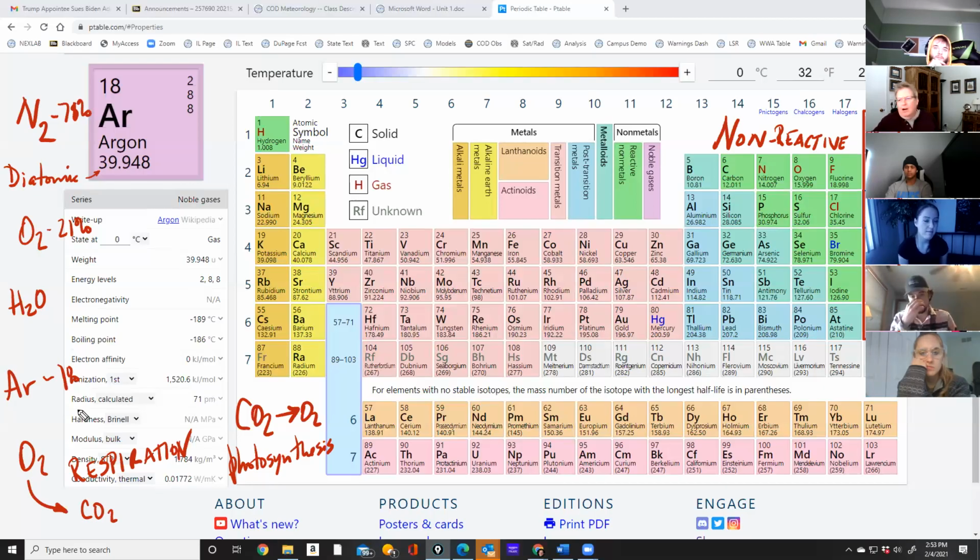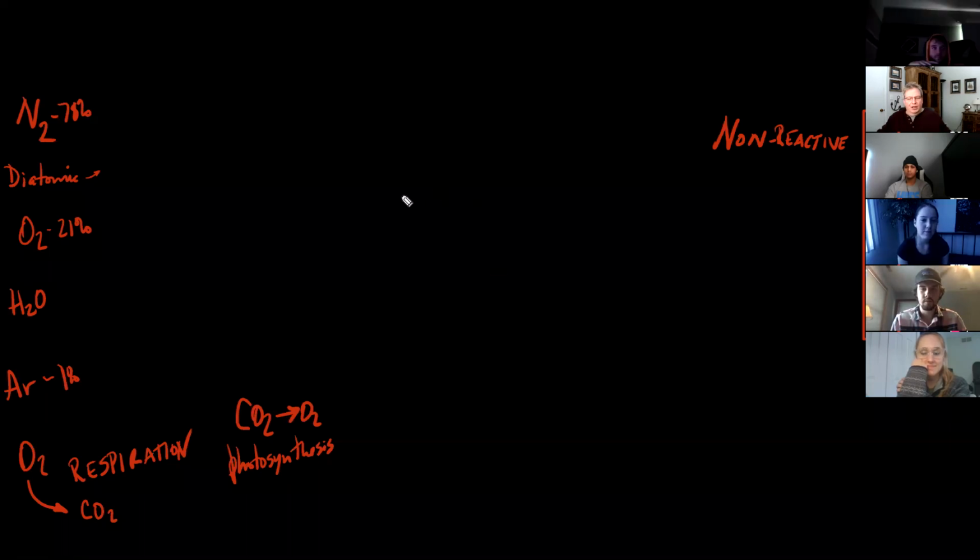Do you know what we use argon for? There's actually a couple of things we can use argon for. How many of you have nice windows on your home? This is kind of an important thing. You have a window, and have you ever seen this? A thermal pane?